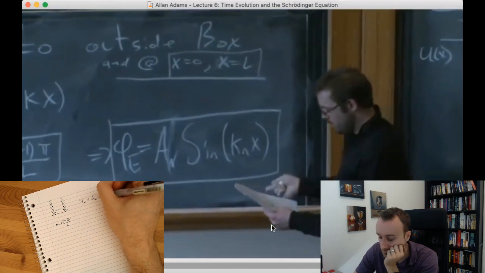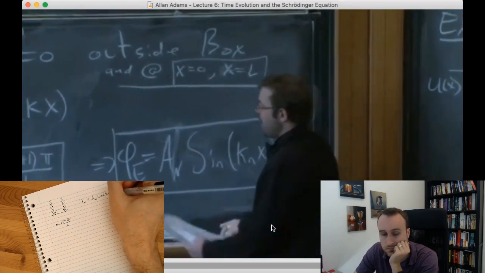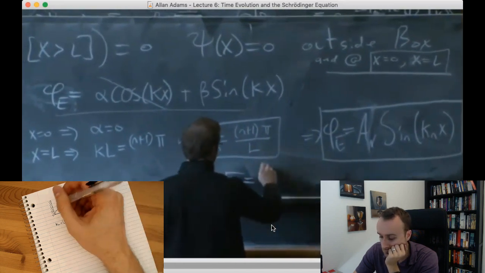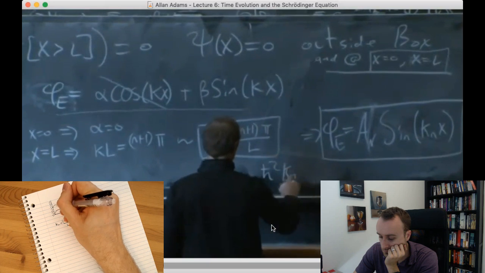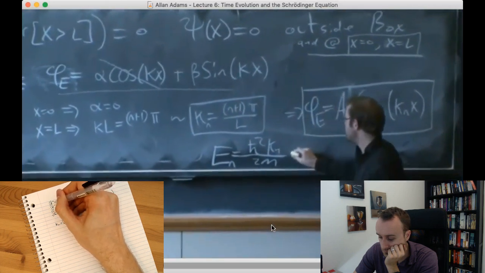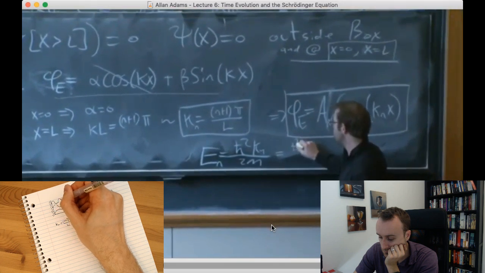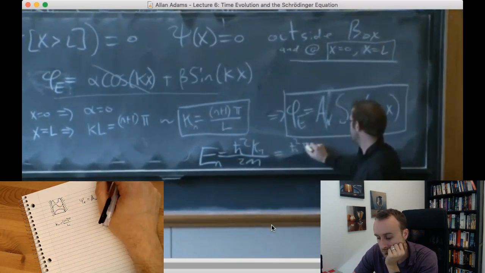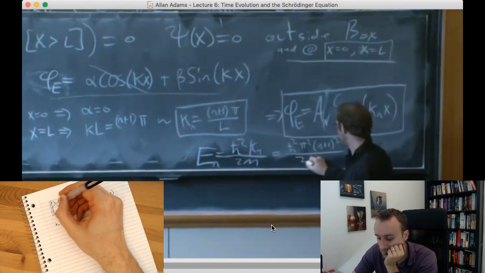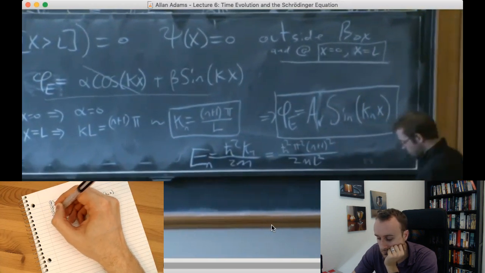And where k sub n is equal to this, and as a consequence, E is equal to h bar squared k sub n squared over 2m. E sub n is h bar squared k sub n squared over 2m, which is equal to h bar squared, just plugging in, n plus 1 squared pi squared over 2mL squared. Okay.